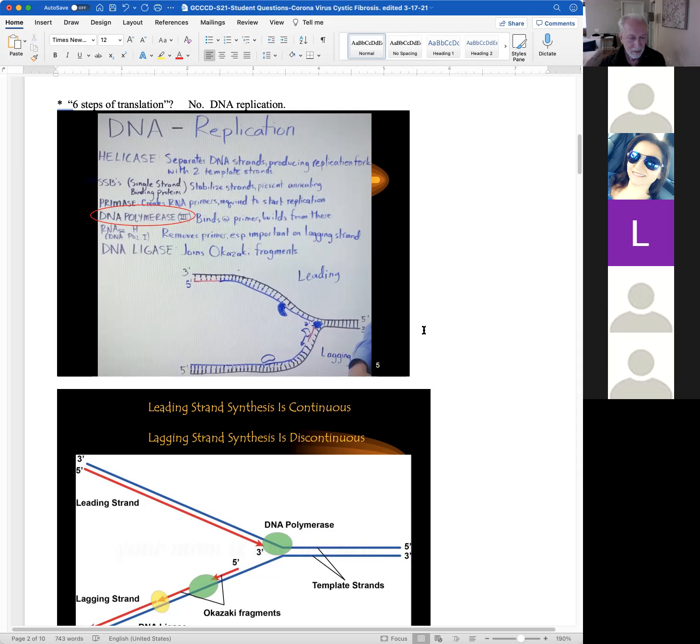But I think it was the topoisomerase that helps the helix become untwisted. It's the first one before we start to break the hydrogen bonds.